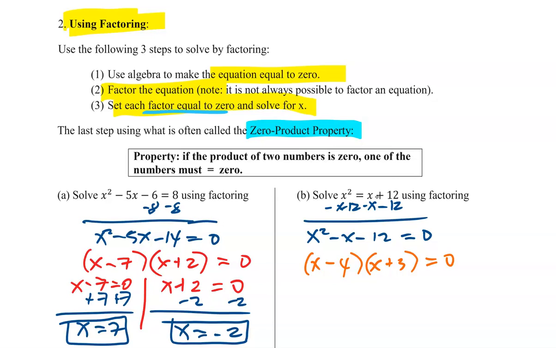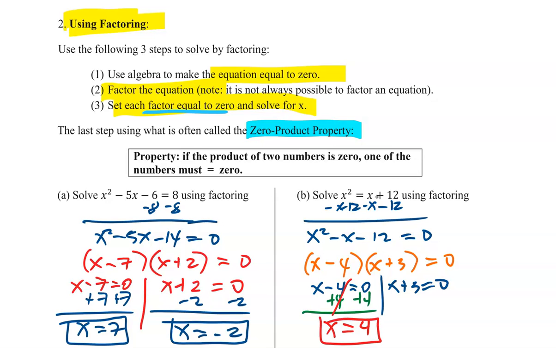And then set each factor equal to 0. X minus 4 is equal to 0. X plus 3 is equal to 0, and then solve for x. So we need to add 4 here, so that x is equal to 4. The other one, we need to subtract 3 both sides, so that x is equal to negative 3. So these are the answers.